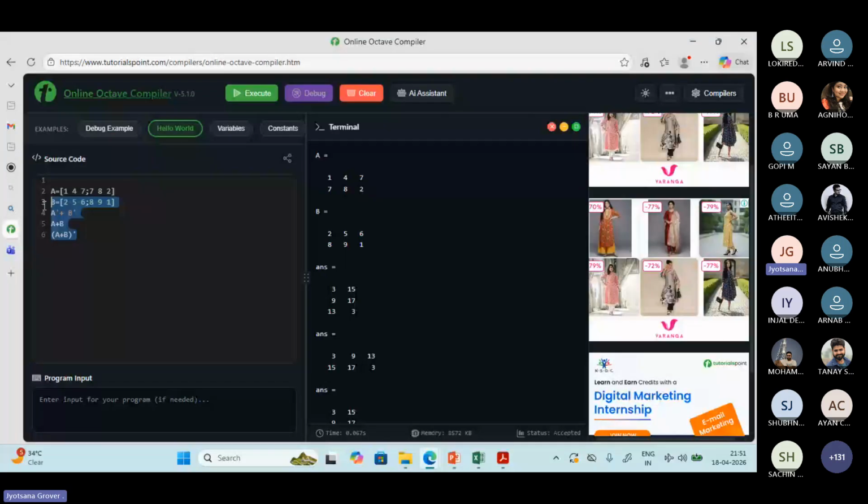Now we say C into A, whole transpose. That means you multiply C with A. First I'll show you what is C into A. Then we have C into A transpose.